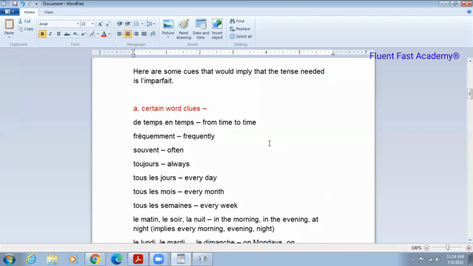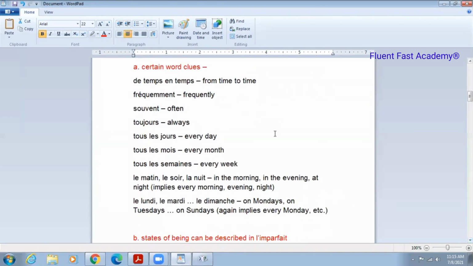De temps en temps, from time to time. From time to time, I used to give medicines to my mother. De temps en temps. I read this word in that book also. Fréquemment, frequently. Souvent, often.